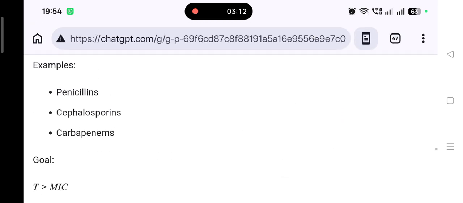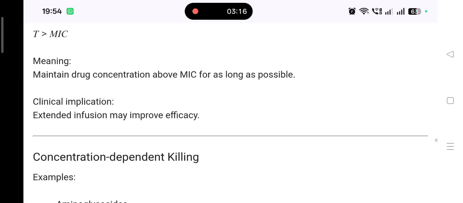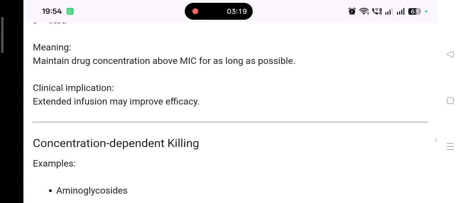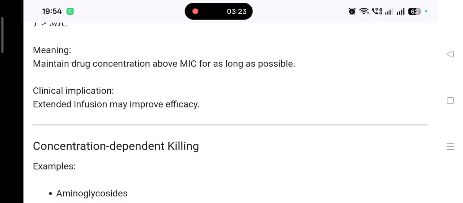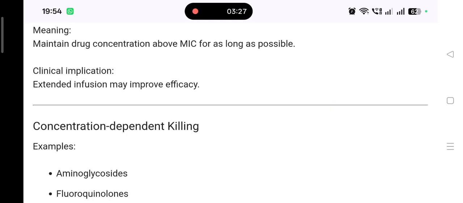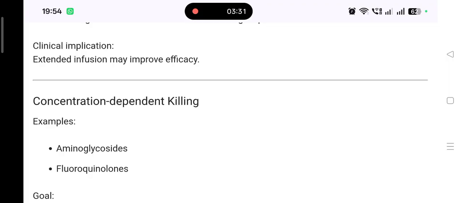This is known as time dependent drugs. The clinical implication is that extended infusion may improve efficacy.